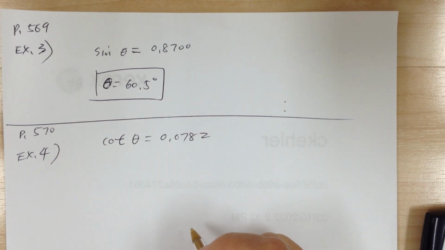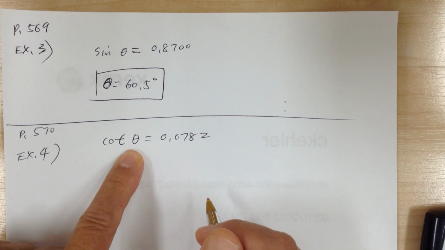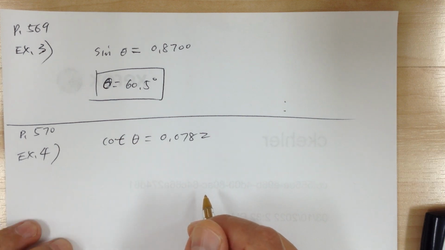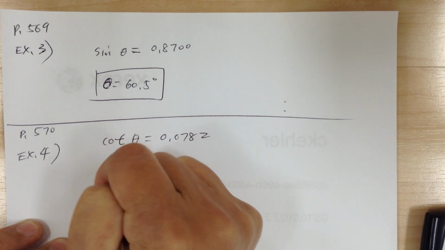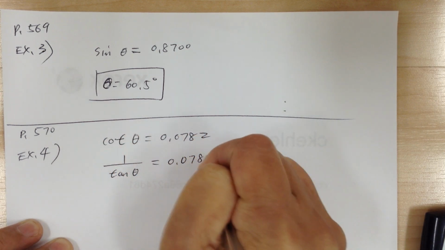Okay, so what you need to do is, again, cotangent came from the reciprocal of tangent, right? So what you do is, you can first change this into 1 over tangent of theta equal to 0.0782.